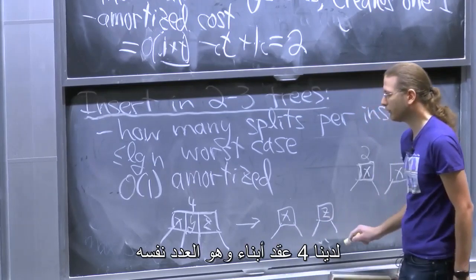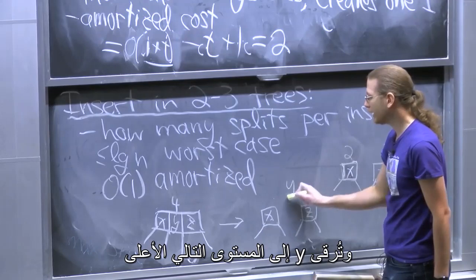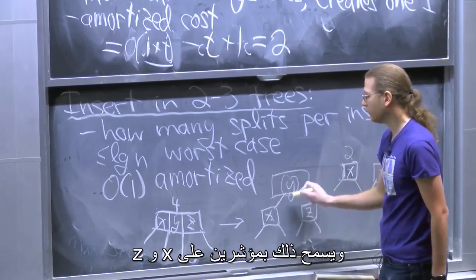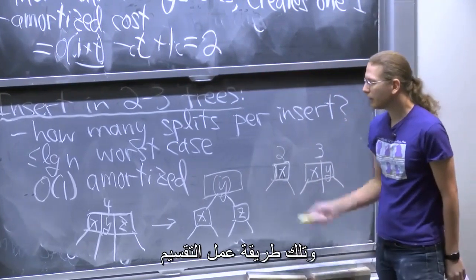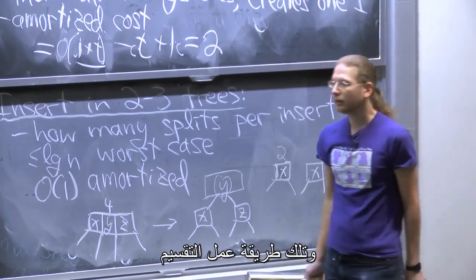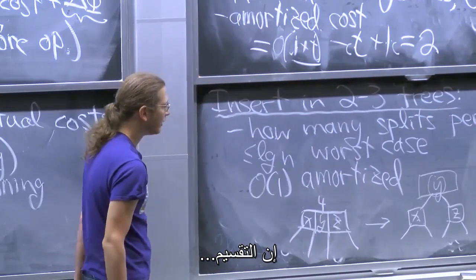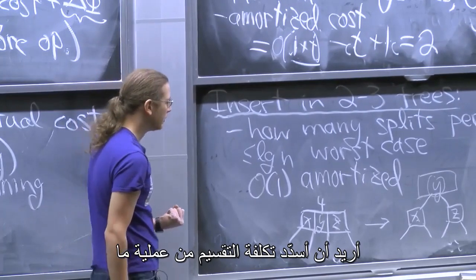There's the 4 children, same number. But now they're distributed between x and z. And then y gets promoted to the next level up, which allows us to have 2 pointers to x and z. That's how 2-3 trees work. That's how split works. Now, I want to charge the splitting to something intuitively.